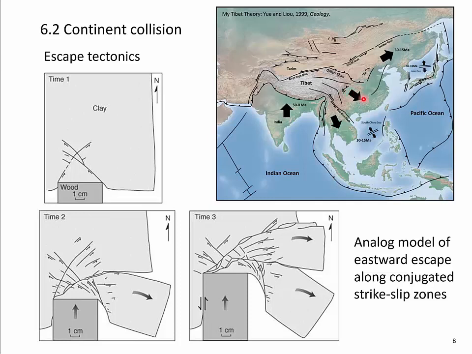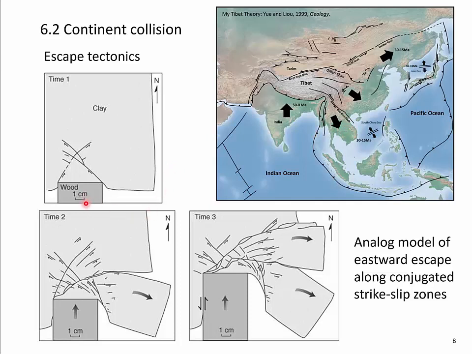We see here these movements of Southeast Asia to the southeast and to the east as a far-field response to the collision of India in Central Asia, facilitated by large-scale strike-slip faults like the Red River Fault that we see here, or the Altyn Tagh Fault that we see here running through Tibet, continuing for thousands of kilometers to the east. Escape tectonics have been simulated in analog experiments.